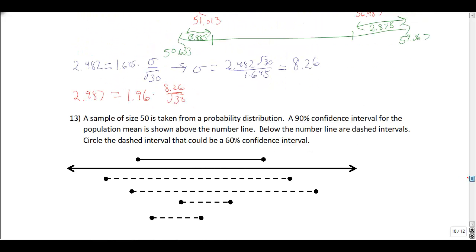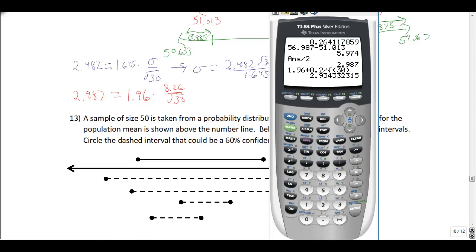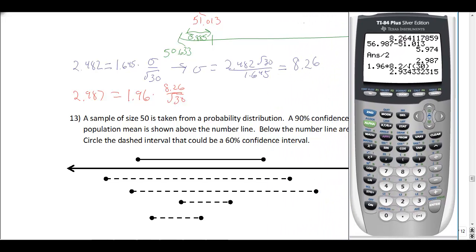Also, I guess we rounded the 8.26. Actually, let's see how much difference that makes. So if we don't round that, 1.96 times 2.482, this thing here instead of 8.26, times square root of 30, divided by square root of 30. So let's work this out before we do that.